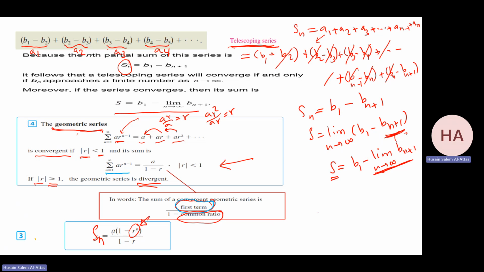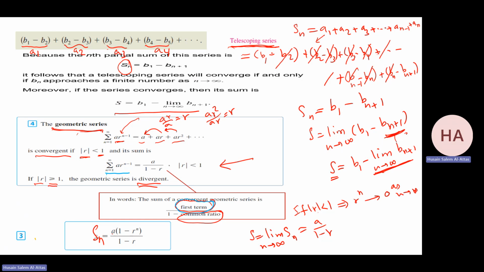I'm concerned only about r^n, since the rest are numbers. So I notice that if the absolute value of r is less than 1, then r^n goes to 0 as n goes to infinity. I need to find S, the limit as n goes to infinity of Sn. So all of this goes to 0, and you have A over 1 minus r.